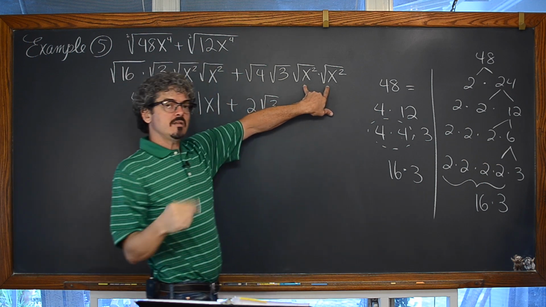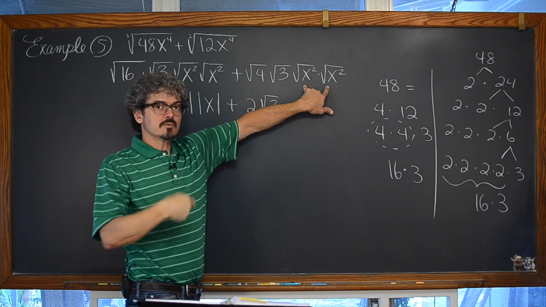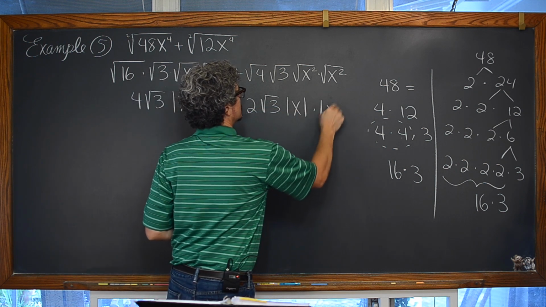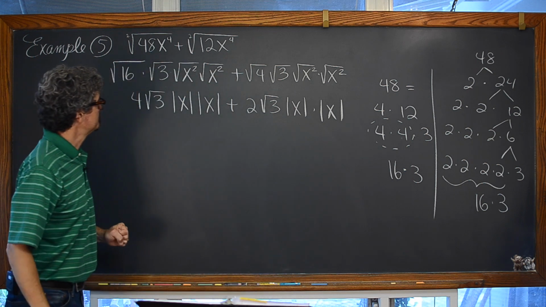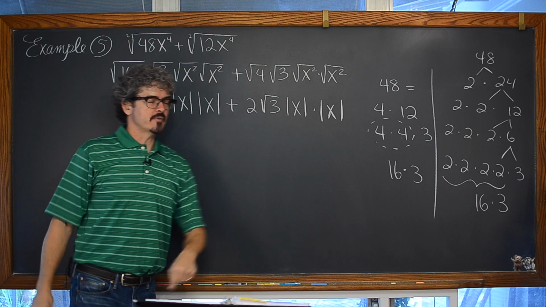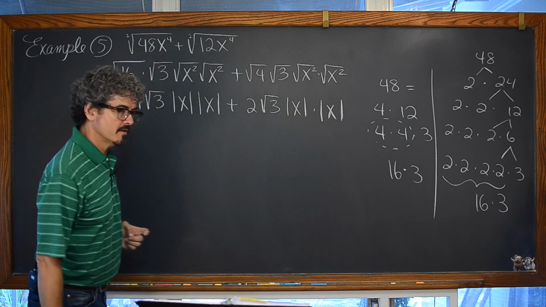And one more time, each of these two factors of the square root of x squared yields 2 factors of the absolute value of x. And just like in the previous example, the absolute value of x times the absolute value of x is equal to the absolute value of x squared.